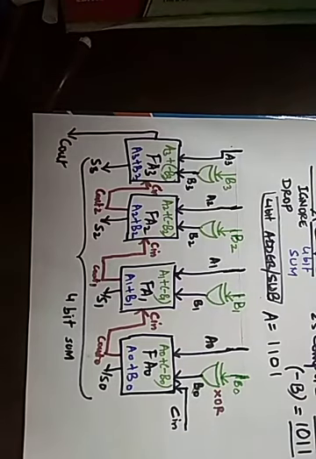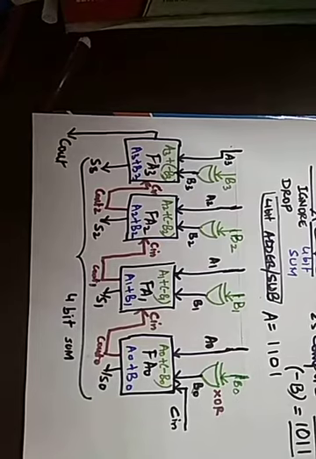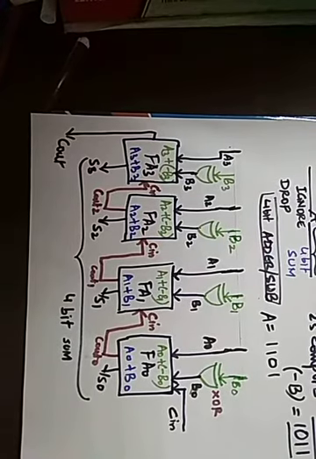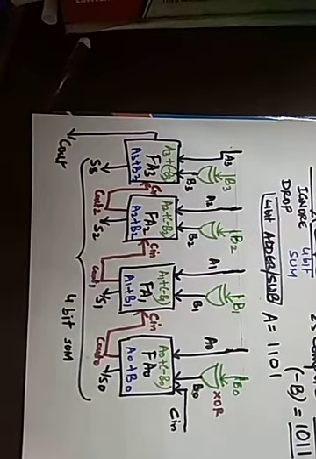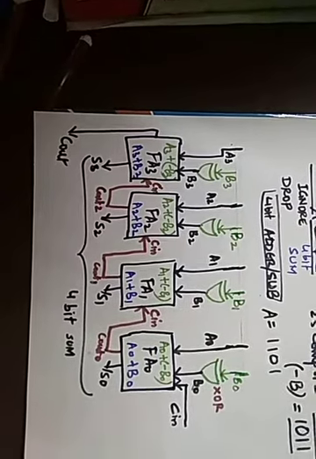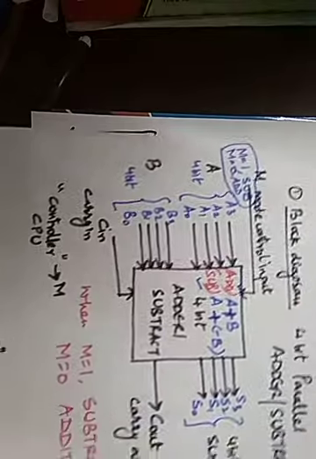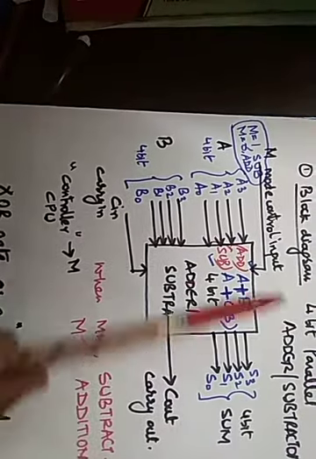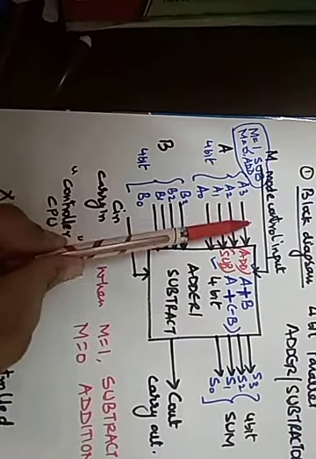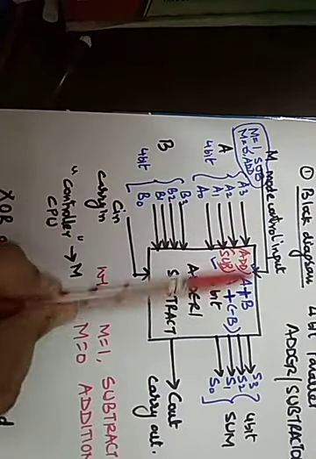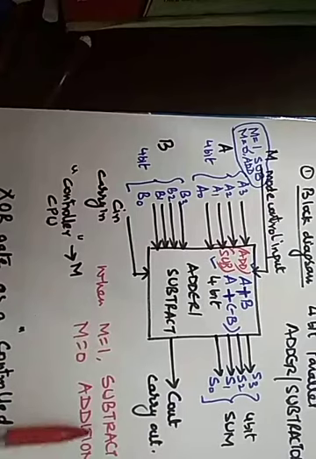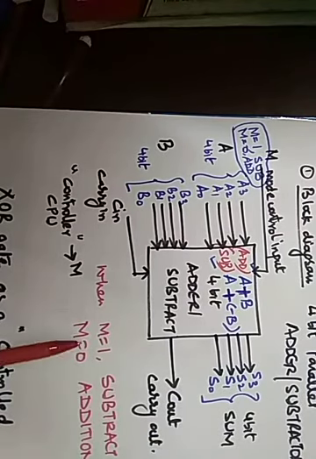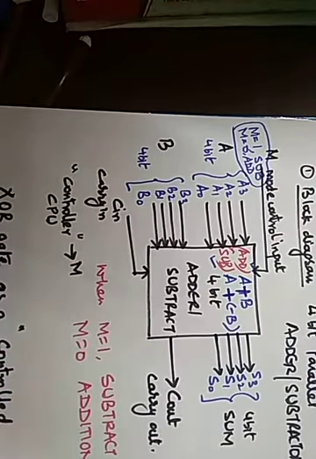Recall that what we need to do was add one mode control input, here it is. What we need to do is add this mode control input M in a manner that when M is 1, it should subtract. When M is 0, it should add.